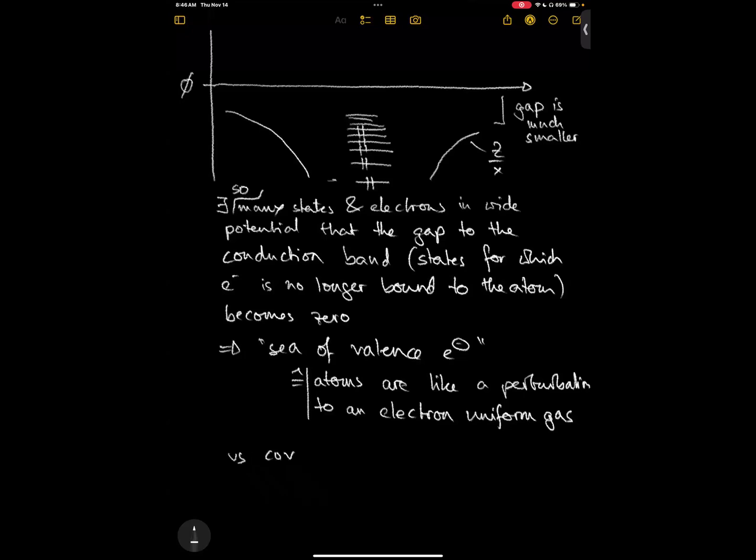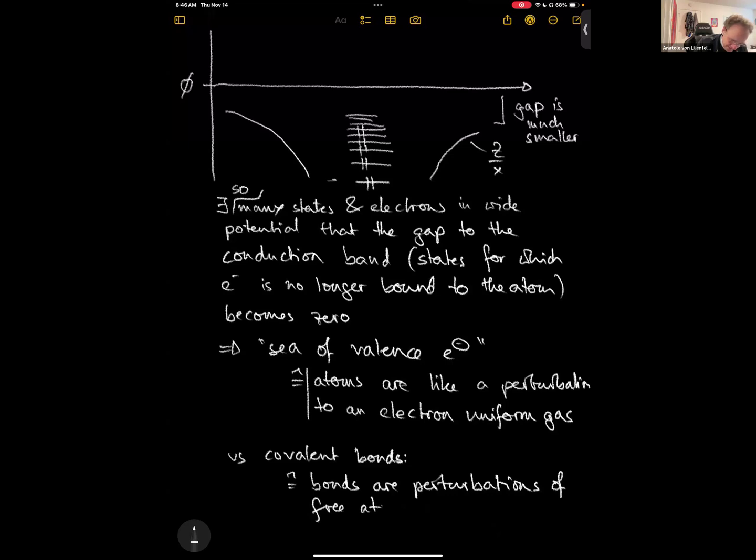Versus covalent bonds, which are like perturbations of free atoms.